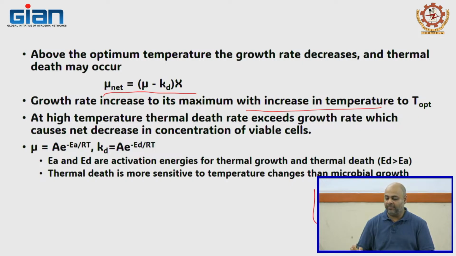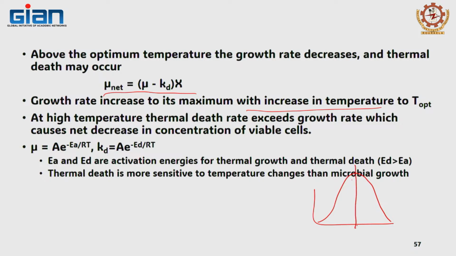So, what you will have is, if you remember in the morning I did draw this. At a particular stage you have your T optimum temperature, your growth will continue to increase. Once you cross the T optimum in your temperature profile, your growth is gone, your cells will start to die. So, at a higher temperature, thermal death rate exceeds growth rate, which can cause a net decrease in the concentration of your viable cells.